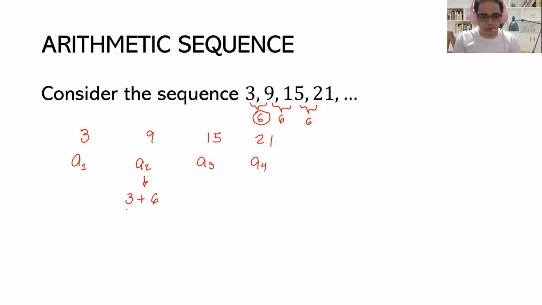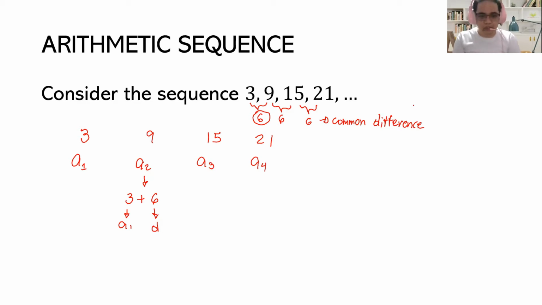Or, yung 3, that will be our A sub 1. Tapos yung 6 natin, let's say that is D. Okay? D or common difference. When we say common difference, yun yung constant na na-add sa pagkuha ng next term.